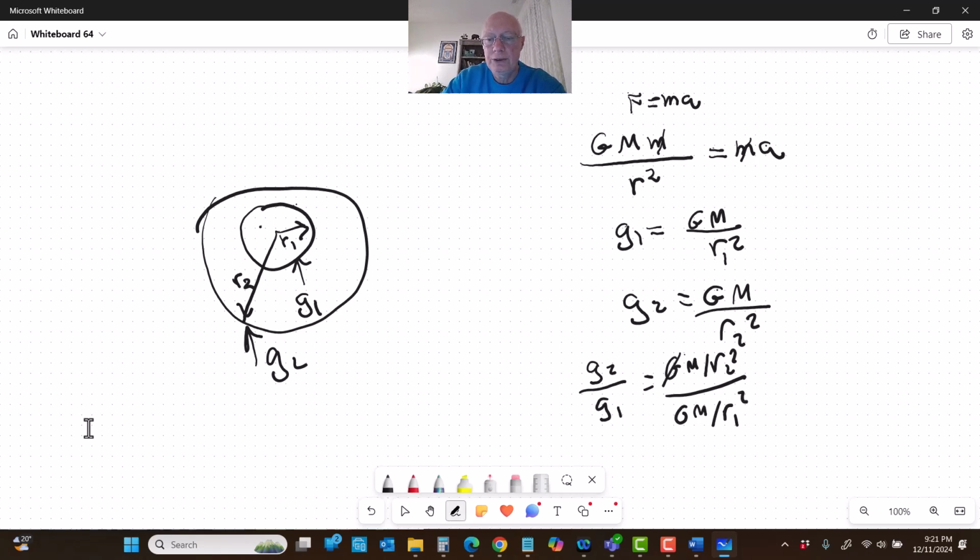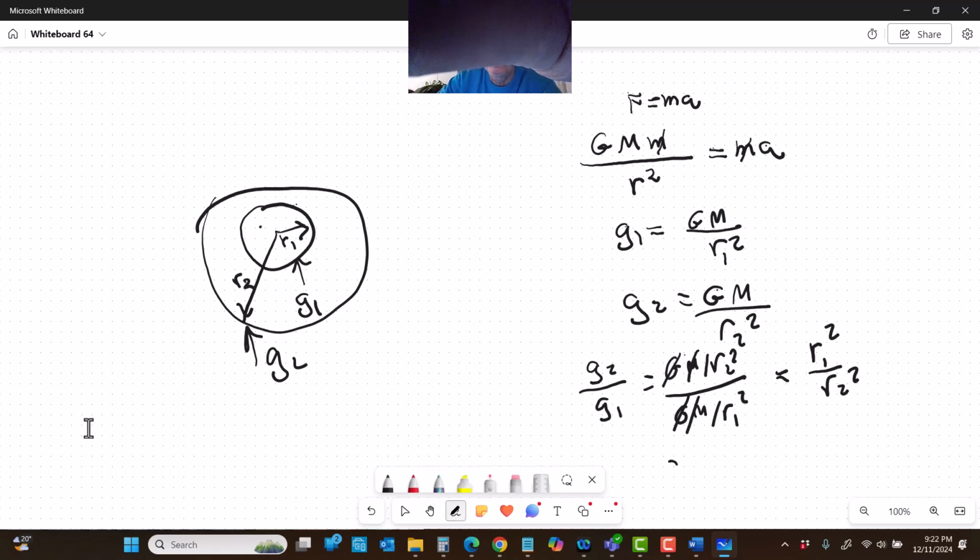The G's cancel, the M's cancel, you get the r1 squared on top, so that equals r1 squared over r2 squared. So now I have a simple formula. If I know what g1 is, I can find out what any other value of g is at any altitude. So g2 equals g1 times r1 squared over r2 squared.